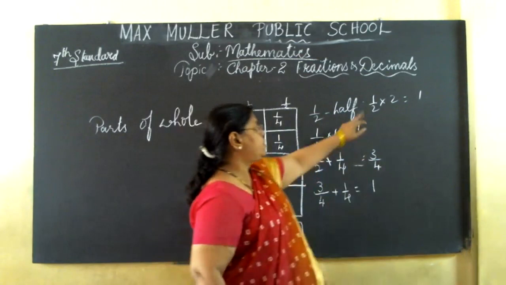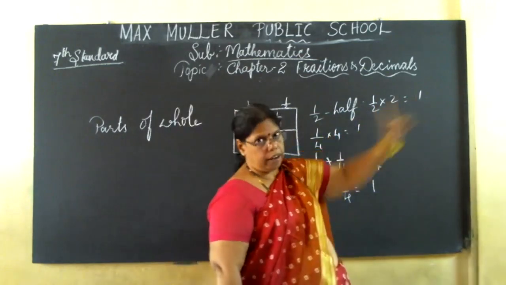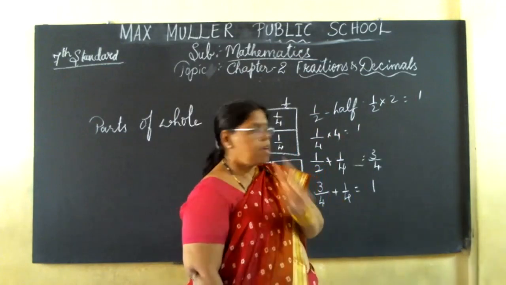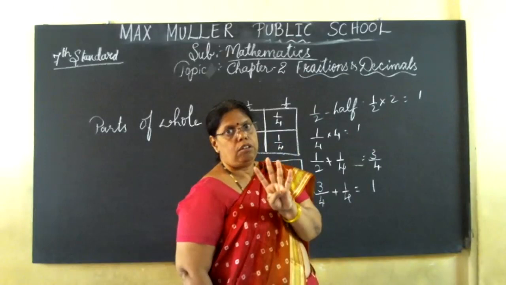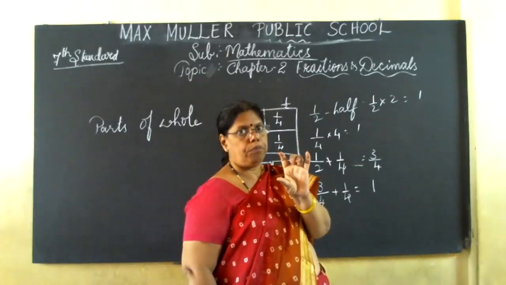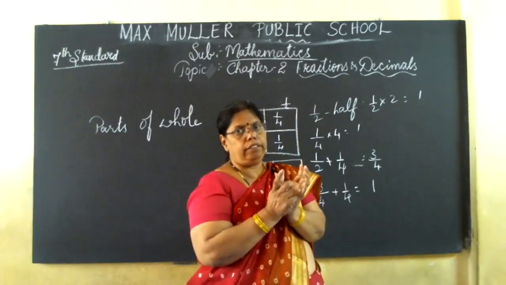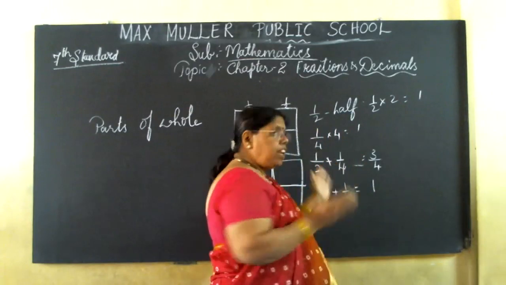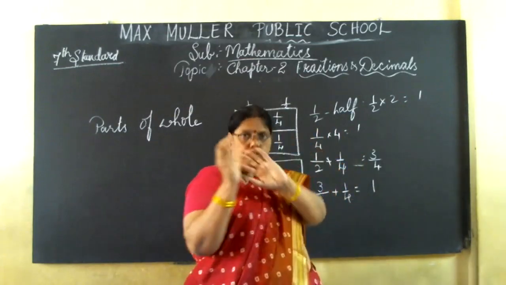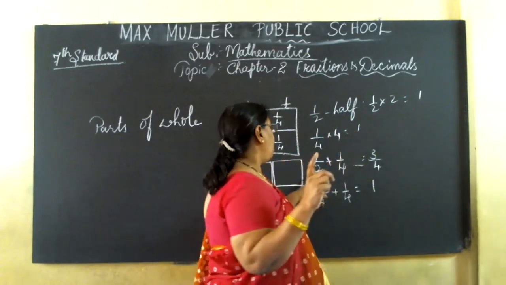Understanding? See, 2 halves make 1. We divide one full cake into 4 parts, and when we join the 4 parts of 1/4 again, it becomes one whole.